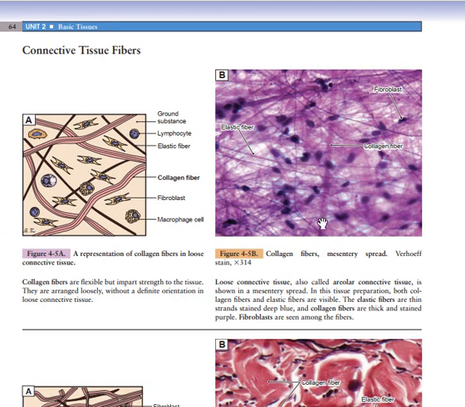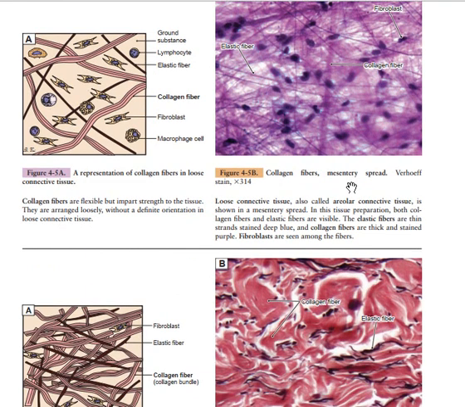The thick fiber here on the diagram is going to be collagen fiber, while the thin fibers here are going to be elastic fibers. The elongated cells that you see here, which are aligned with the collagen fibers, are going to be the fibroblasts. So all that is a representation.